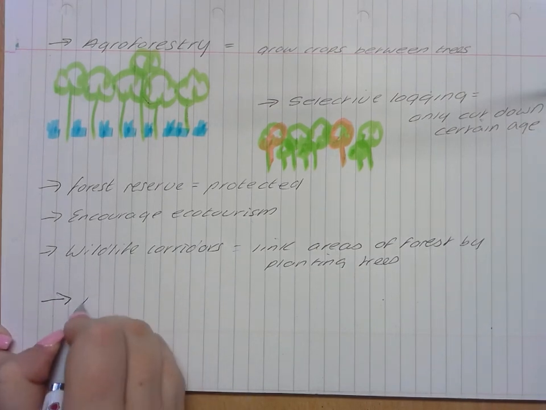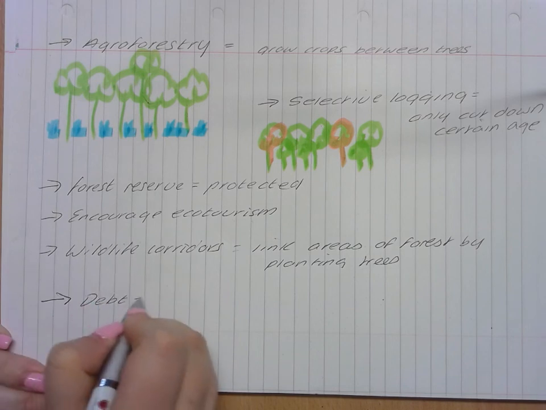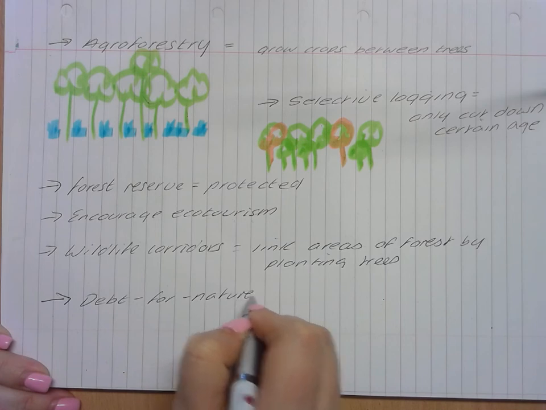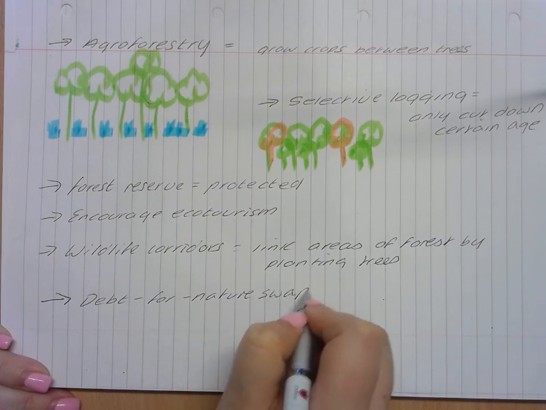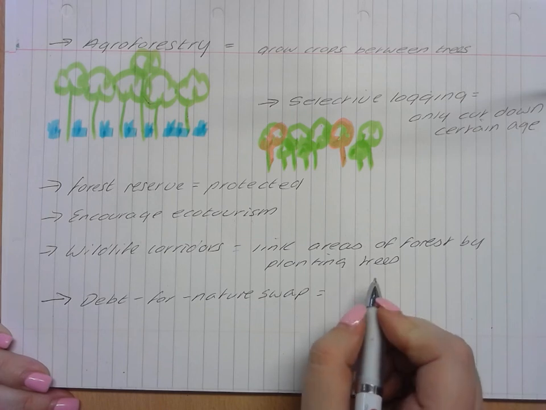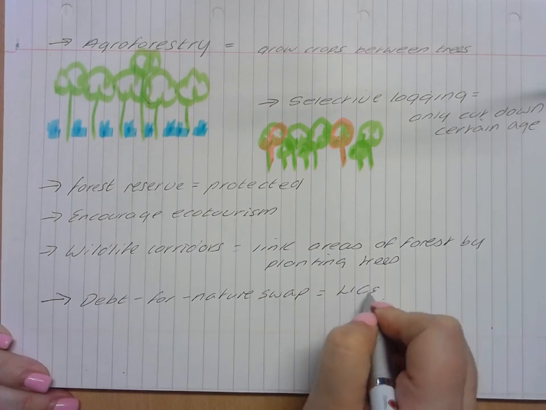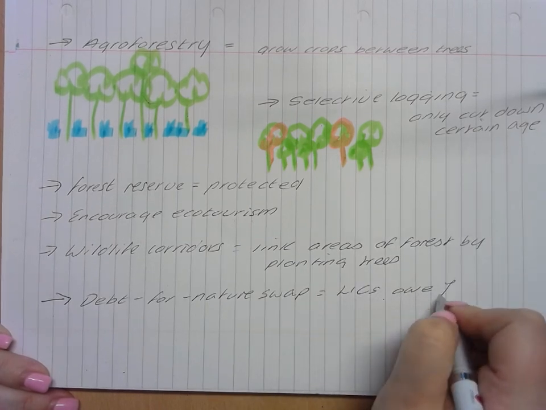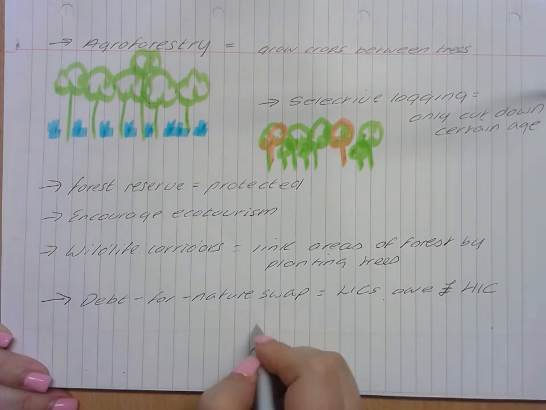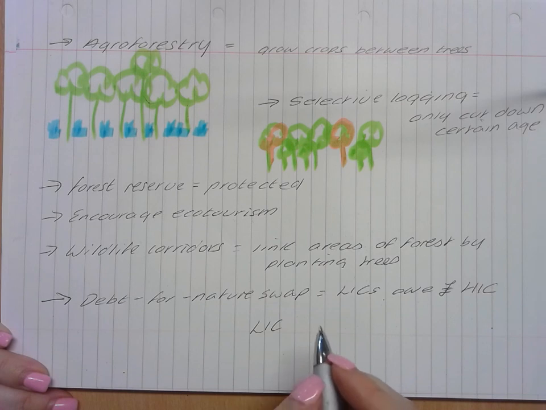Now, the last one that we're going to talk about is the debt for nature swap. What this means is a lot of the countries that the tropical rainforest are in are LICs, okay? Now, they owe a lot of money to HICs. The idea here is that the LIC will not pay some of their debt.